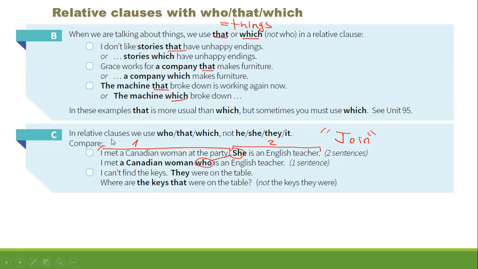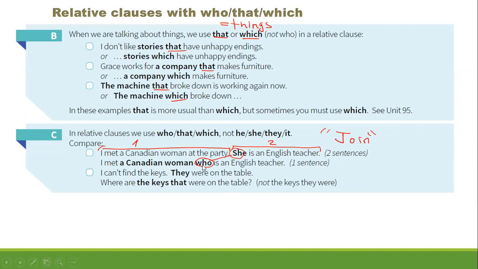Okay, and the last way of using relative pronouns: in relative clauses, use who, that, or which, not he, she, they, it. For example, here: I met a Canadian woman at the party. She's an English teacher.